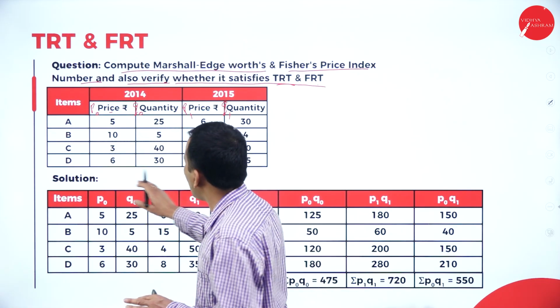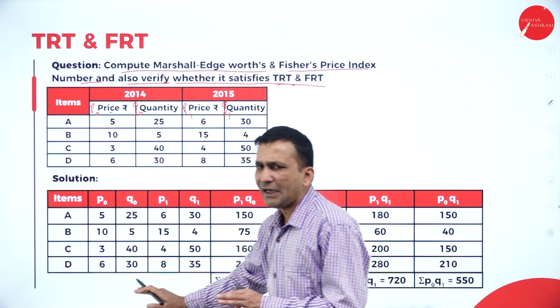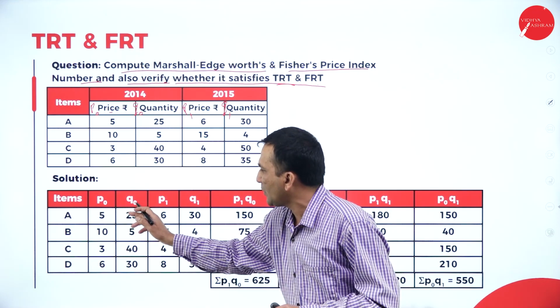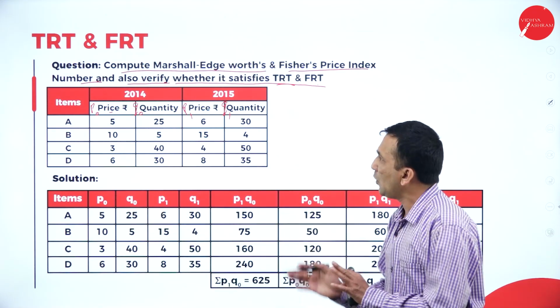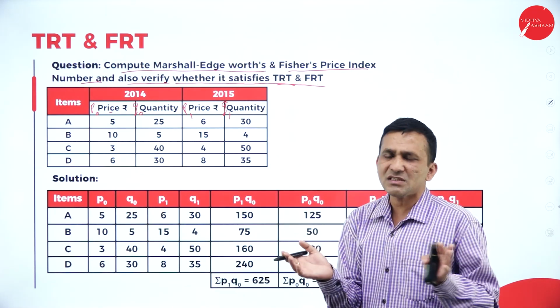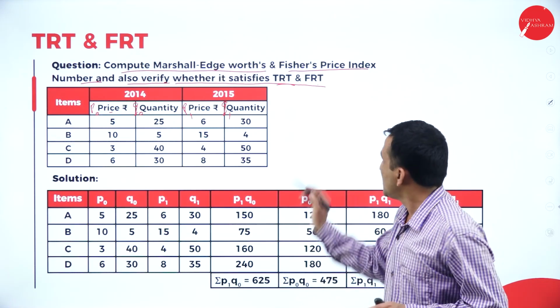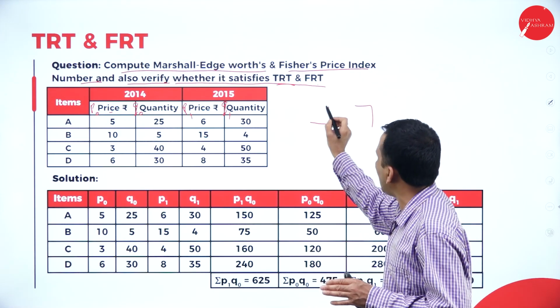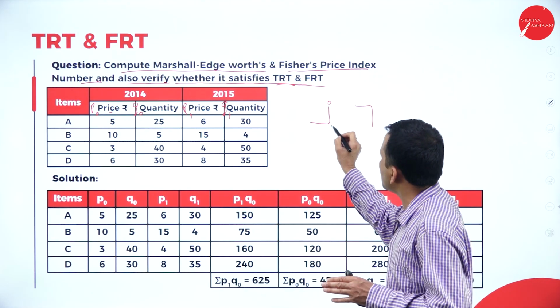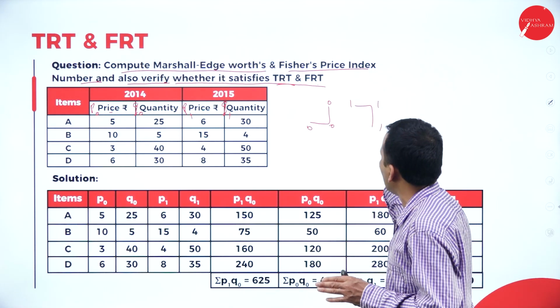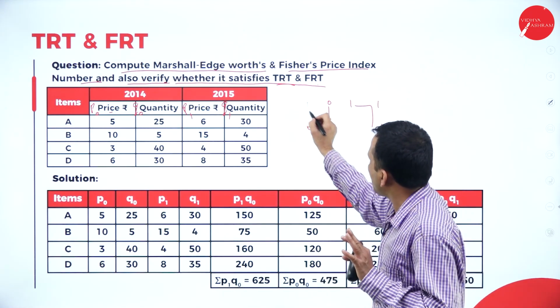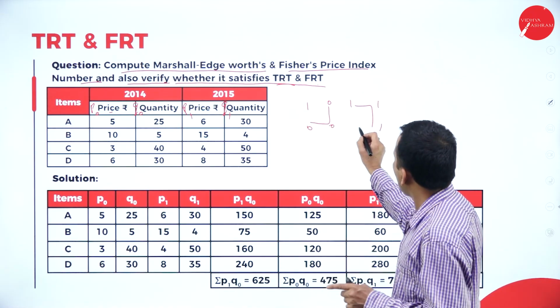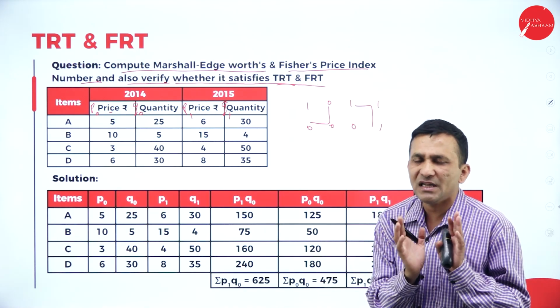So in case of whatever the data is given, I have written one more time just for writing P0 Q0, P1 Q1. We know the Marshall-Edgeworth formula which is a clubbing together of Laplace and Paasche. Laplace is like this, Paasche is like this. So we are writing the formula 0 0 0 1 1 1, the simple technique. Here nothing is there means you need to assume there is 1. Here nothing is there means you have to assume there is 0.